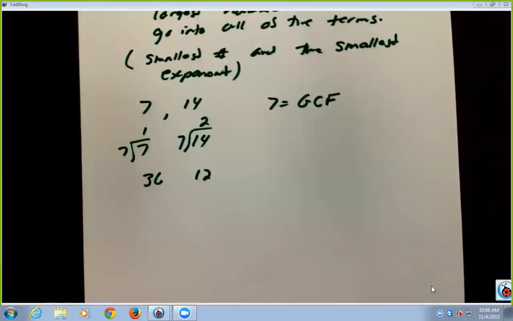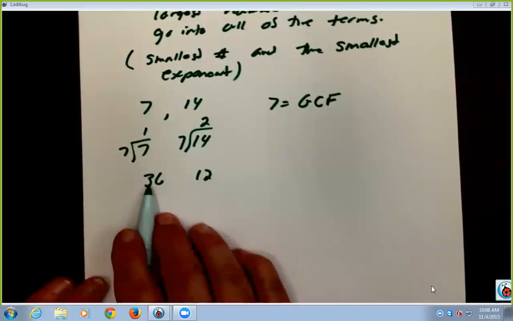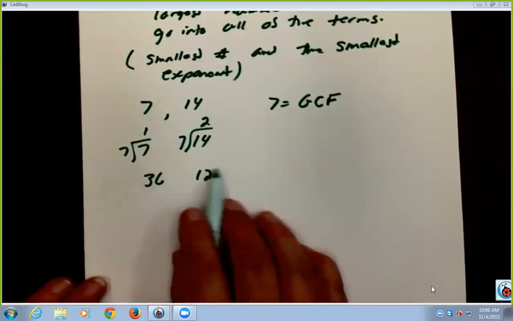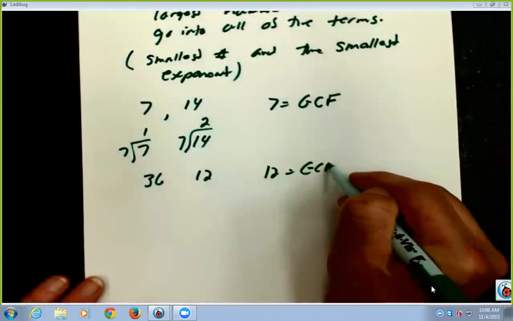Well, 9 goes into 36, but won't go into 12. But 6 goes into 36 and into 12. Anything bigger? 12. Yeah. 12 will go into 12 once, and 12 goes into 36 3 times. And so 12 is equal to my greatest common factor.